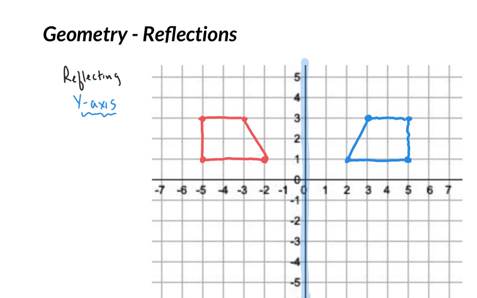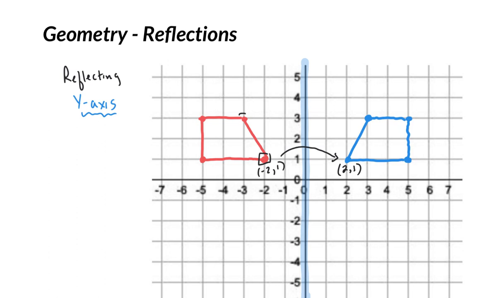Now what you'll notice here is that our y coordinate always stayed the same. And what I mean by that is, right here, this coordinate is -2, 1. Well, the reflected point is +2, 1. Notice we just changed the sign on the x value. We didn't change anything on the y value.